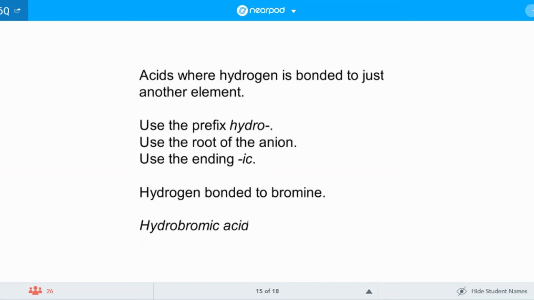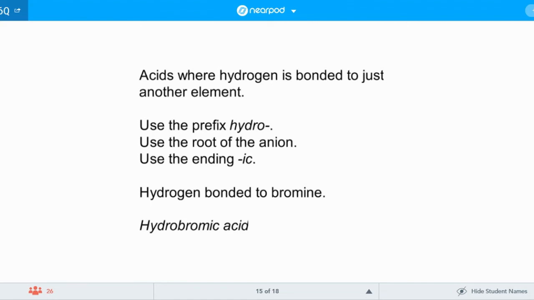And then you would keep the root name of the anion like we've been doing, and you're going to add ic, I-C, at the end. So if we have that first example of HBr, where hydrogen is bonded to bromine, we would call that acid hydrobromic acid. That is how hydrogen can bond to just one anion and how we would name those acids.